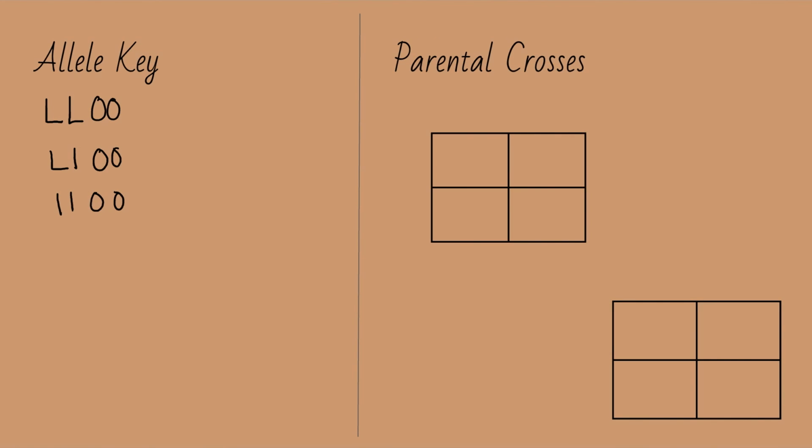Then let's say we're going to have heterozygous for color. We can have these options. Or lastly, we are homozygous recessive for color. We have these options. So lots of options.